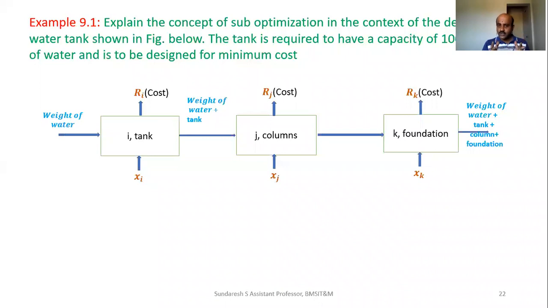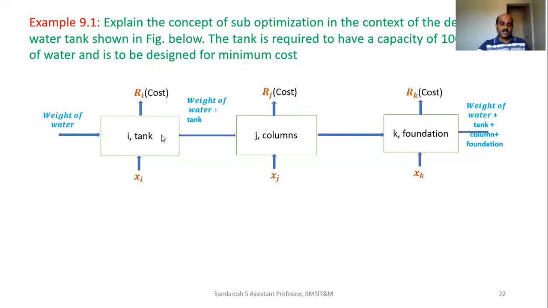I have not shown the picture of the water tank here. I hope everybody has seen a water tank, so just imagine it. I have modeled it so that it suits our multi-stage decision problem, or dynamic programming. The block diagram we have shown is the multi-stage decision problem, where the tank is the first element.